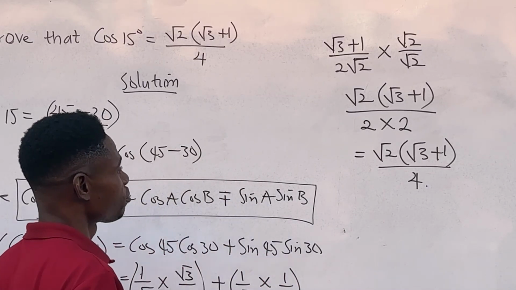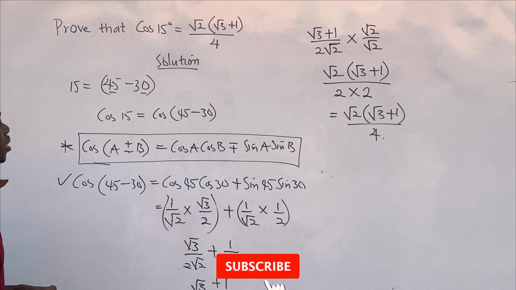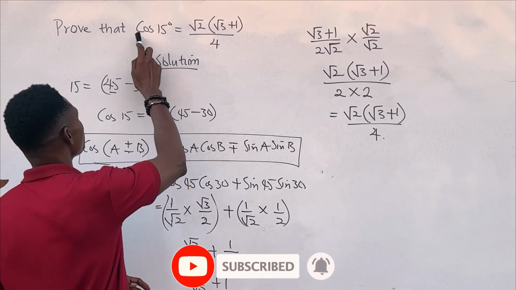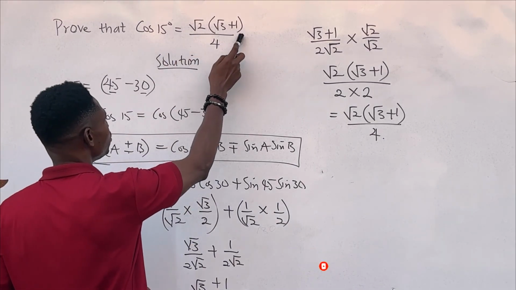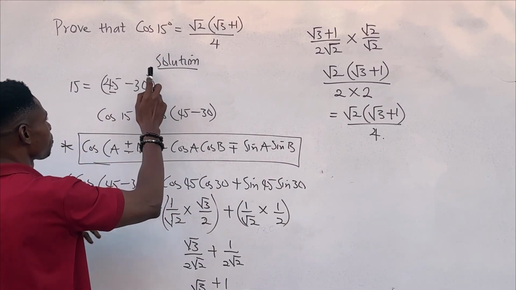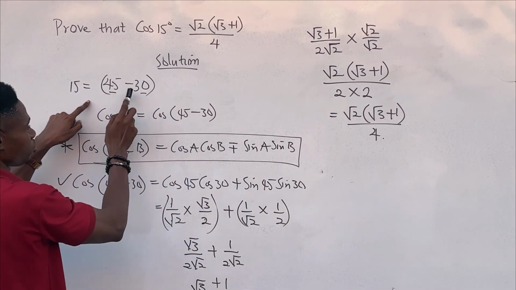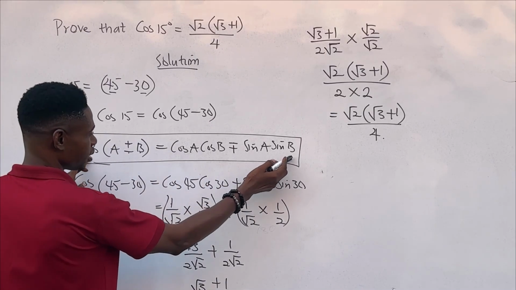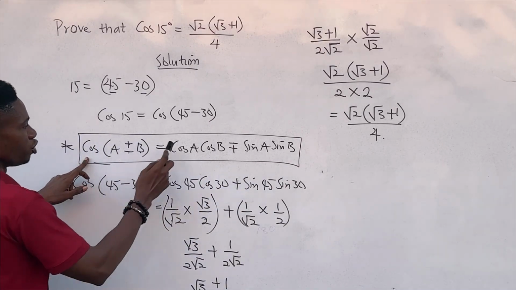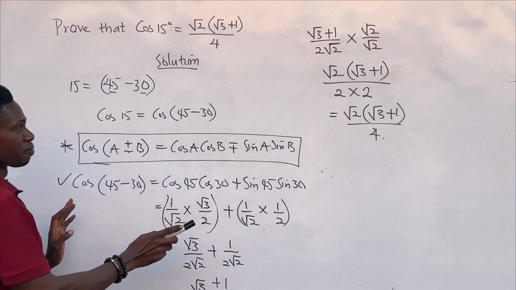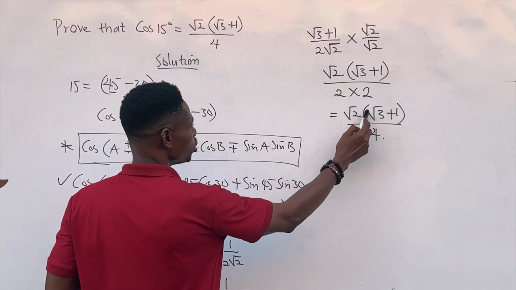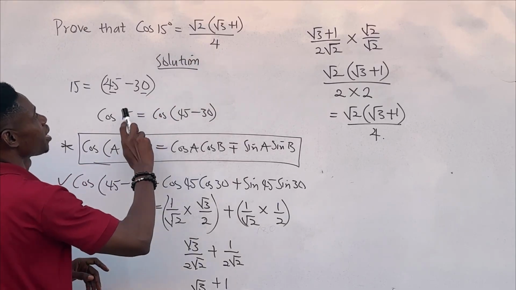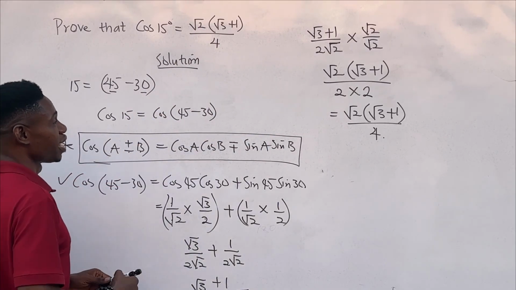Okay, so let's see if that's proven what we wanted to prove. The question says prove that cos 15 is equal to this. So we picked cos 15, we broke it down to two special angles, it gave us this, and then this identity which is known, we used this to break down the cos 15, and we got root 2 into root 3 plus 1 all over 4, and that is the same as what we have on our right hand side.